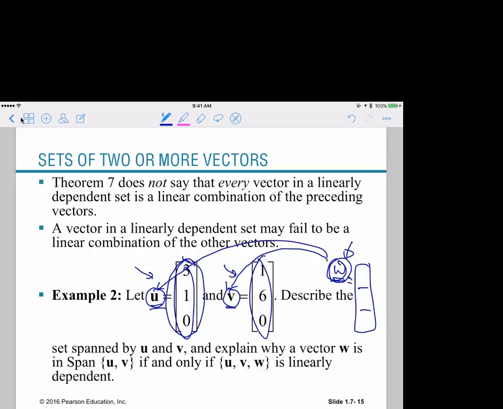When considering only one vector, when is it linearly dependent?